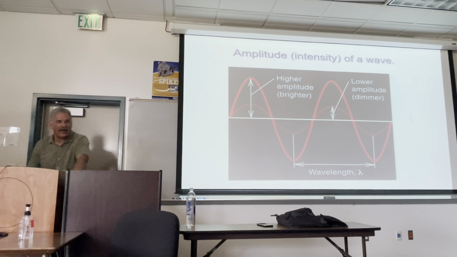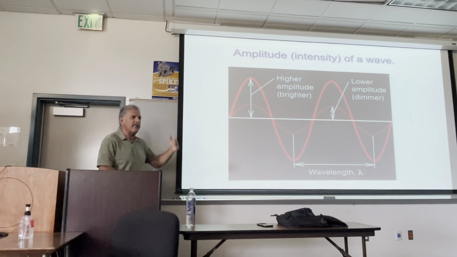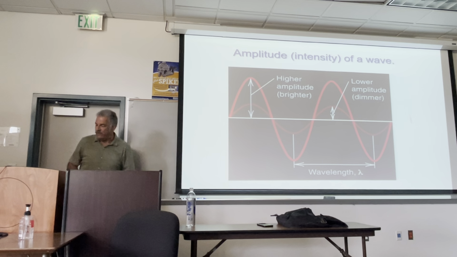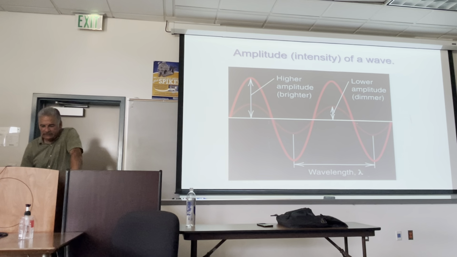And that's what we say. So the higher the amplitude, the brighter the light. The lower the amplitude, the dimmer the light. Wavelength, again, is the distance between crests. And you can measure it between any two crests. You measure it at the low point or at the high point, it doesn't matter. It's going to be the same.